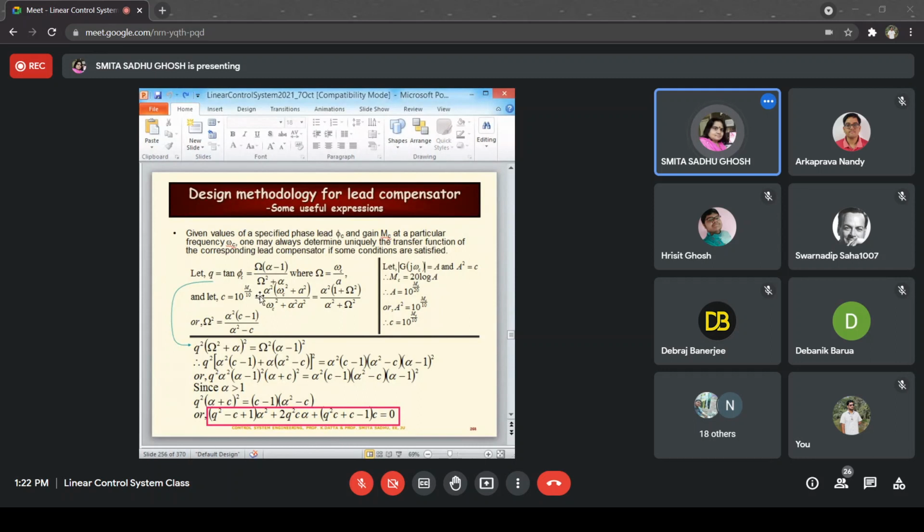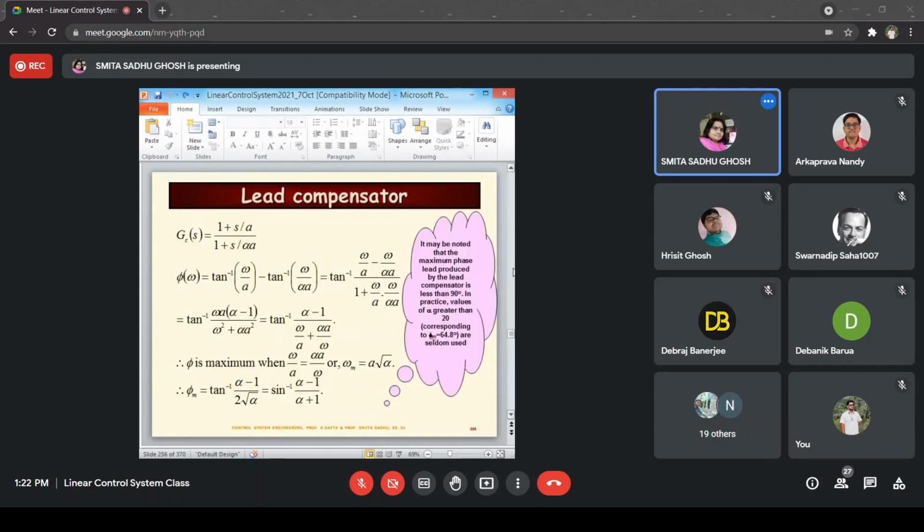Now coming back to our expression for the magnitude, which was already written on this side, C is equal to 10 to the power of MC by 10, so that is written over here. What is written over here is from the expression for magnitude, which you've already told me for this transfer function.